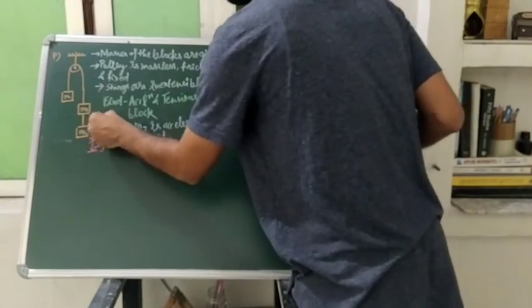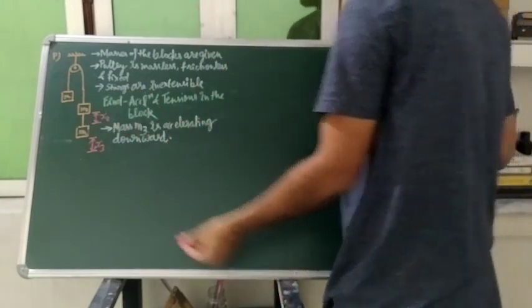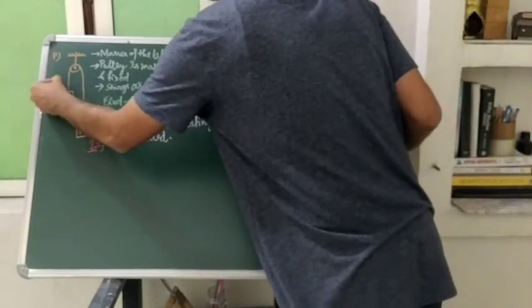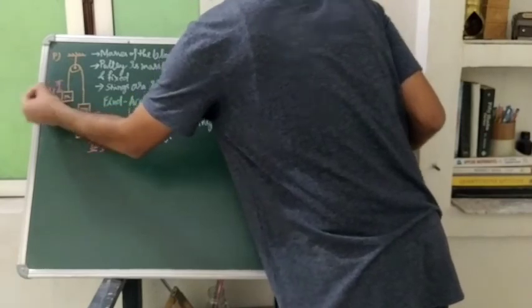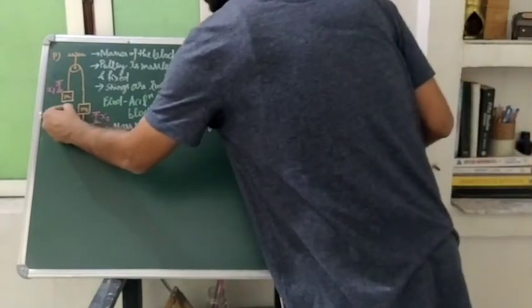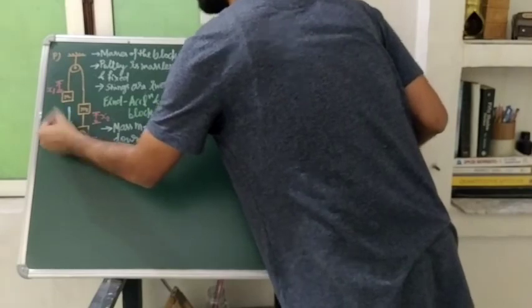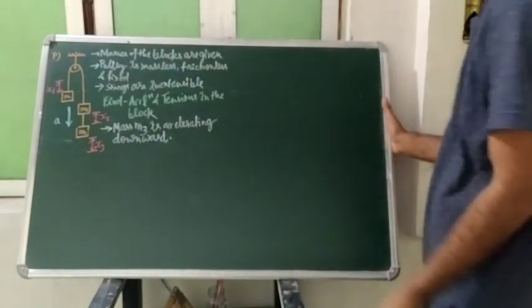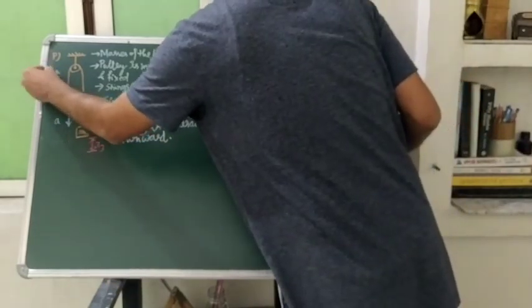So x2, if it is traveling the same distance, and of course whatever distance x1 is going to travel will also be the same. Since our pulley string system is accelerating in the downward direction, it will come down and it will move up here.